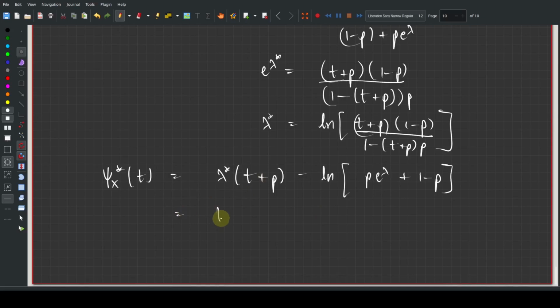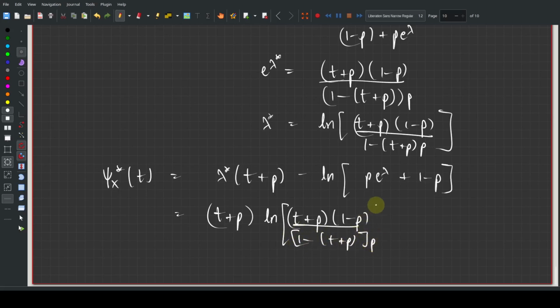So this is t plus p times log of t plus p into 1 minus p divided by 1 minus t plus p into p, minus log of p e to the lambda star, which is log of 1 minus p plus p e to the lambda star.